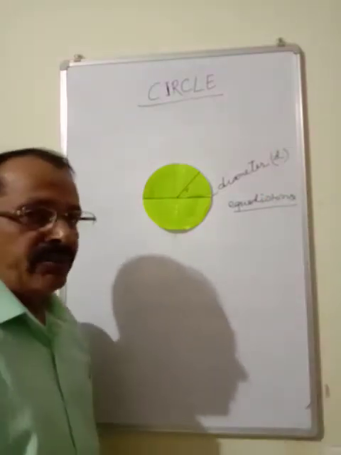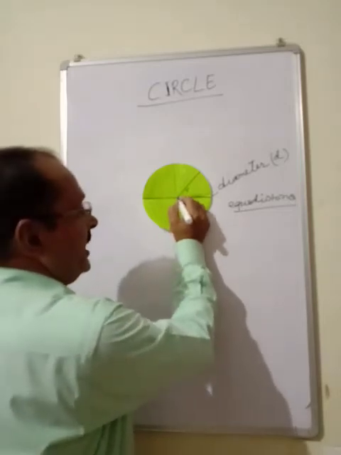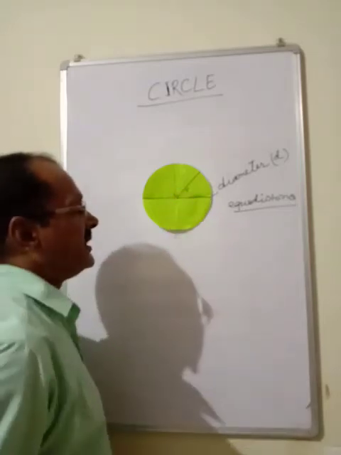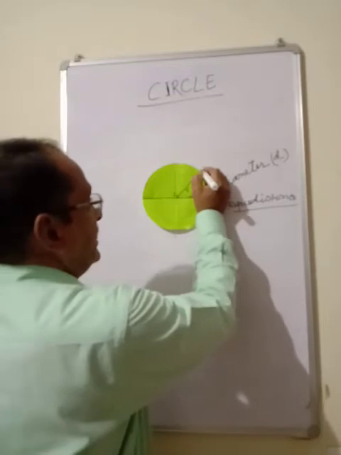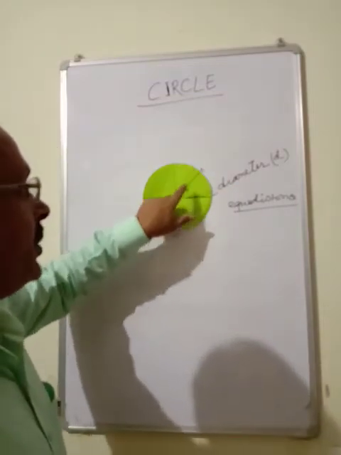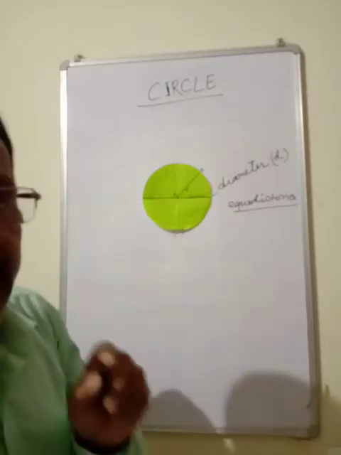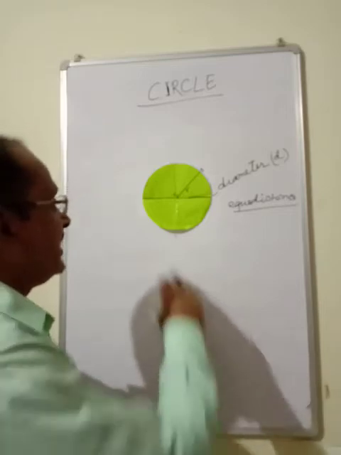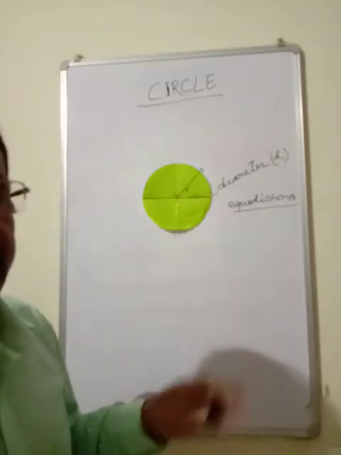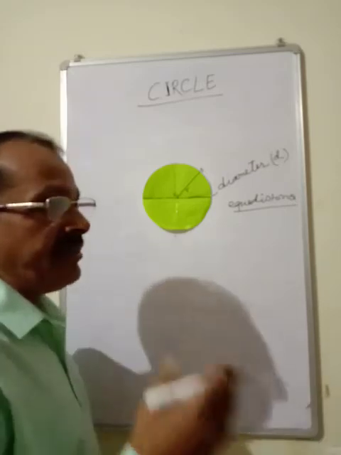So again I am going to revise. Suppose the center is C. The distance from the center to any point on the circle is called the radius. So in a circle, there are unlimited radii and unlimited diameters.